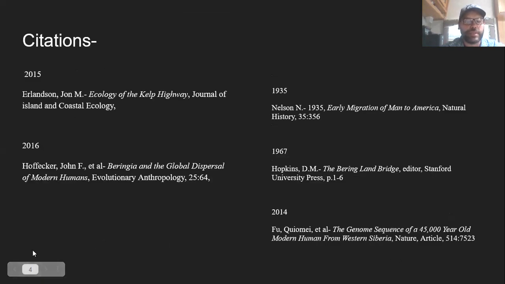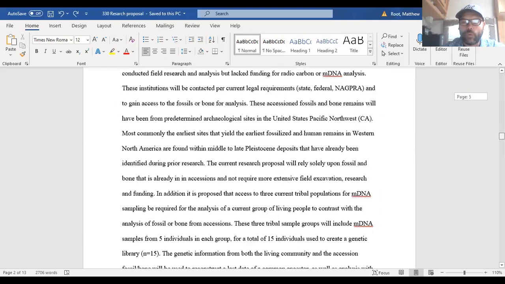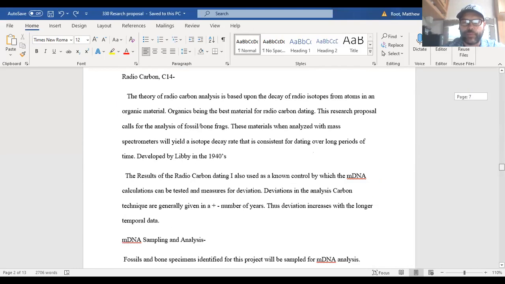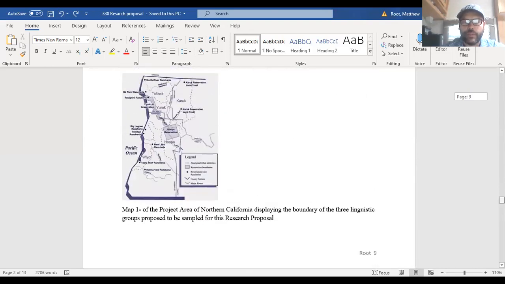Here's an incomplete citation slide, and I'm going to try to go back to the proposal. If you want, you can pause it on this slide, or the map of the project area is here, and you can pause it if you need to look.